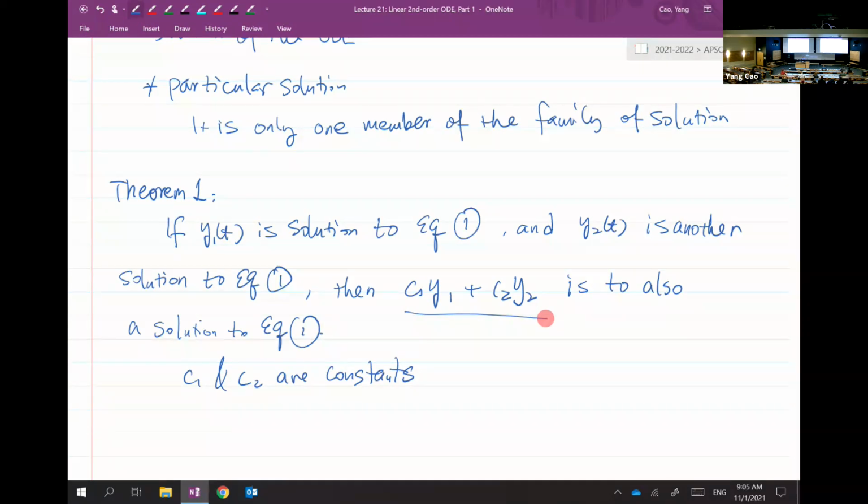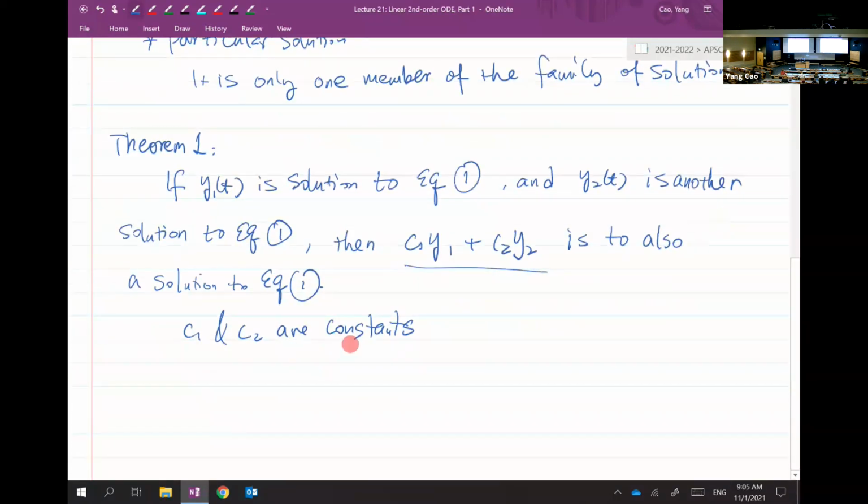When you have inputs x1 and x2 and you get an output, if you combine the inputs using the superposition rule, you also get the combined output. I'm not going to provide a proof right here. You can take a look at the lecture notes for the proof. It's actually quite straightforward.